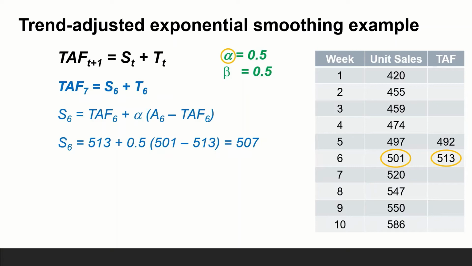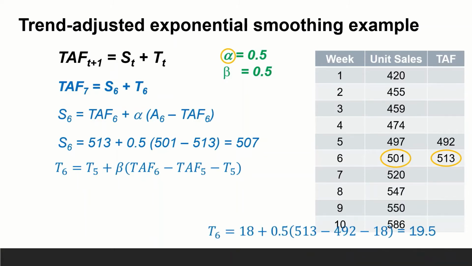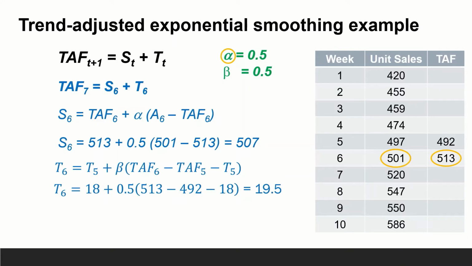This equals 507. While T6 equals T5 plus beta multiplied by (TAF6 minus TAF5 minus T5). That is, T6 equals 18 plus 0.5 multiplied by (513 minus 492 minus 18) equals 19.5.